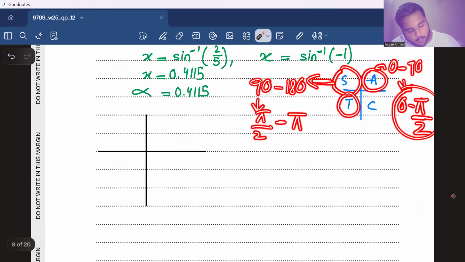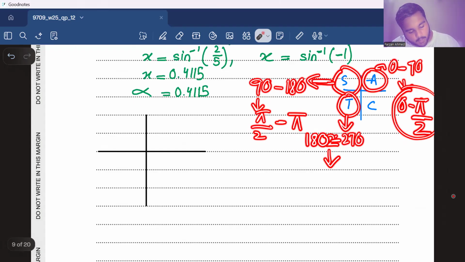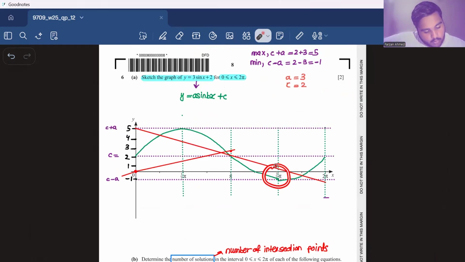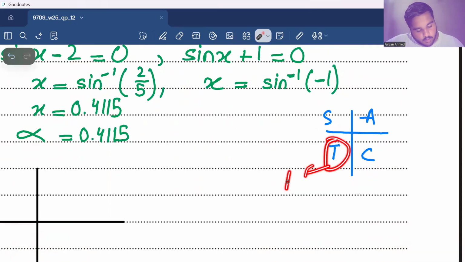In this it is from 180 to 270, which means pi till 3 upon 2 pi.